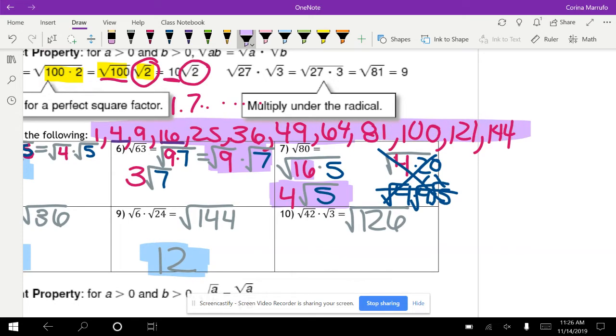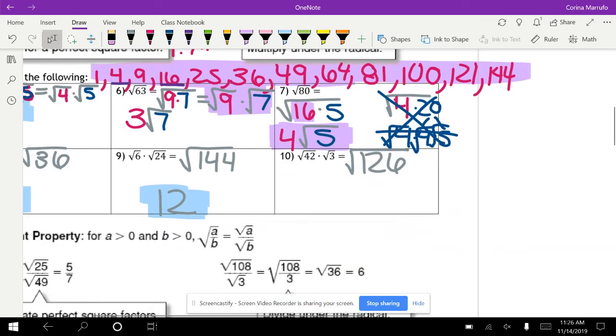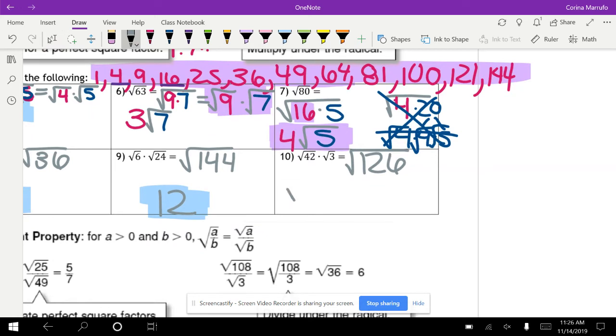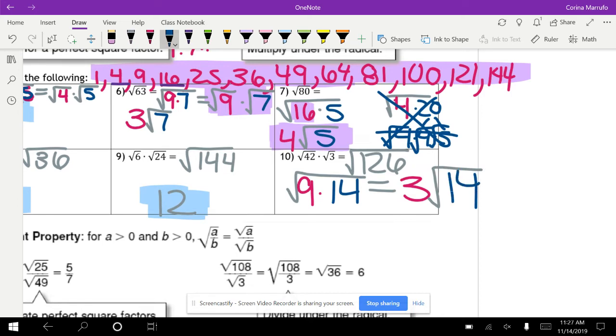And so I believe 9 times 14 gives you 126. So we split it up as 9 times 14. And so we can take the square root of 9 and get a whole number. That is going to give us 3. And then we leave the square root, and then inside of the square root is 14.